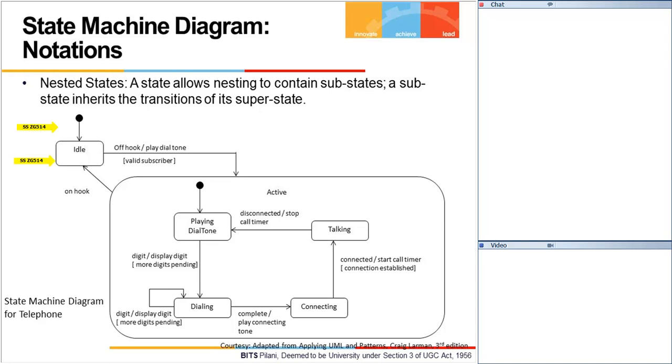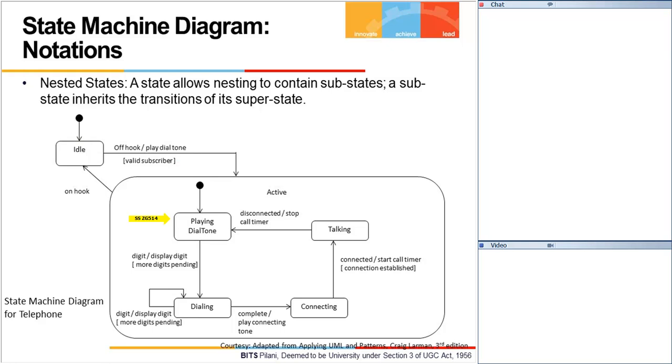So this is my idle state, and then it transits to the active state when the off hook happens, right? Now what is happening in the active state? The active state again has the initial state, right? And then it starts with the playing dial tone state. So the moment your phone is off the hook, it goes into a state which plays the dial tone.